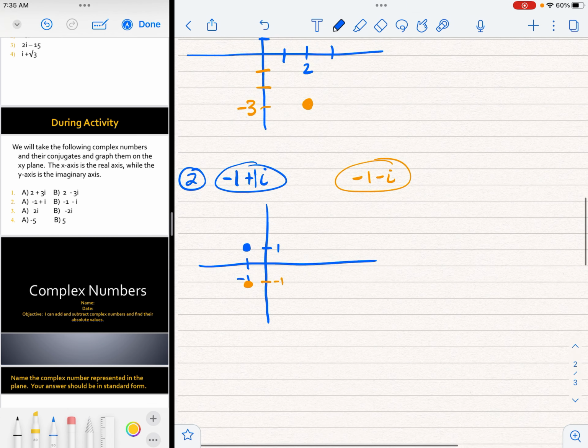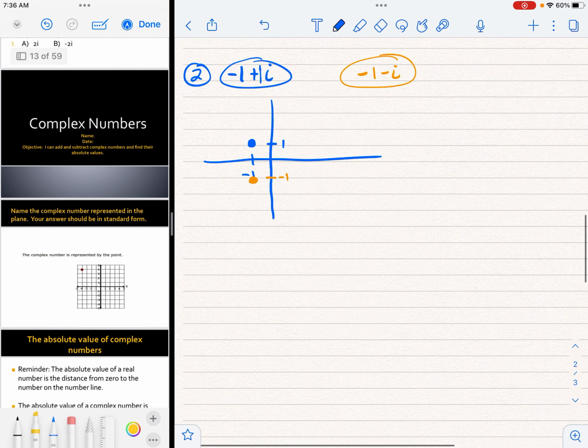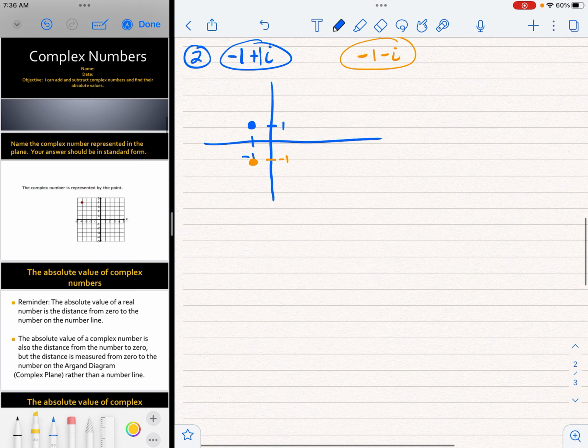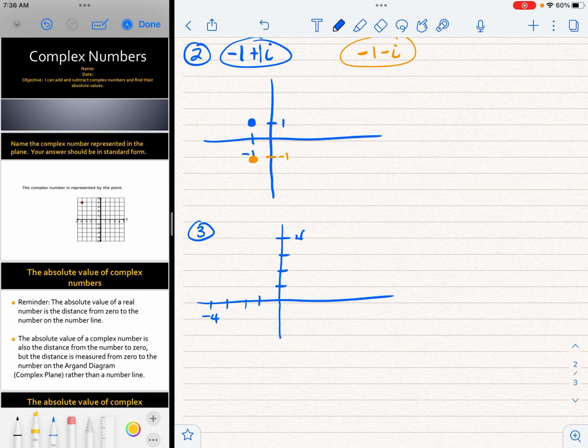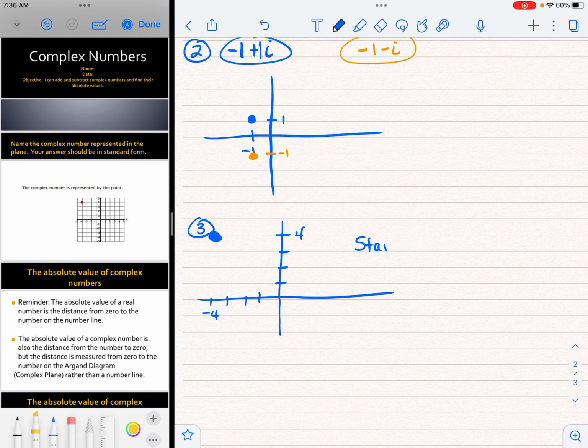Let's look at another example. Let's look at this point here. I'm going to call this example 3, and I'm going to give us the graph at negative 4. 1, 2, 3, 4. There is a point here. And we are asked to write that in standard form for this complex number.